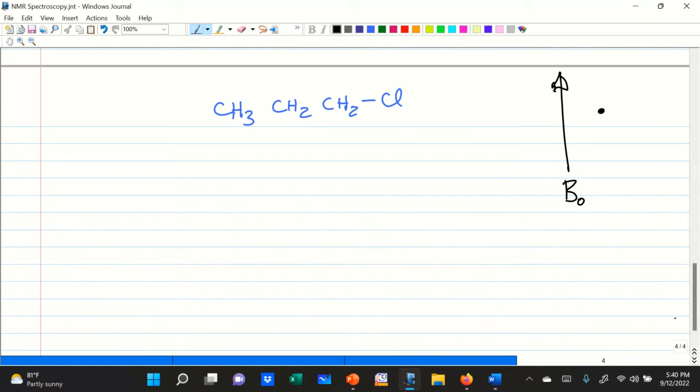However, these magnetic moments, not all of them are the same. Why? Because the nucleus that we are talking about is not alone. Nucleus is not naked. What I mean by that, nucleus is always surrounded by an electron cloud.